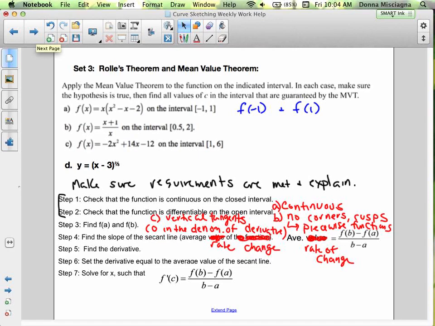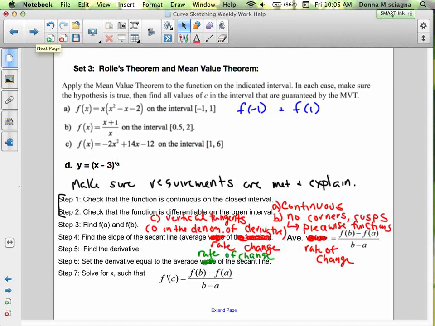So you find the average rate of change, which is just slope, right? It's just the slope of the line that would connect the two points. So you find that. Then you find the derivative. Let me fix that in this lesson. You set the derivative equal to the average rate of change of the secant line, and then you solve for x.